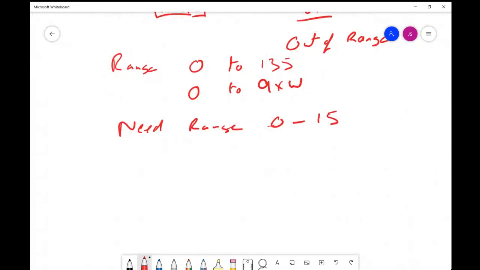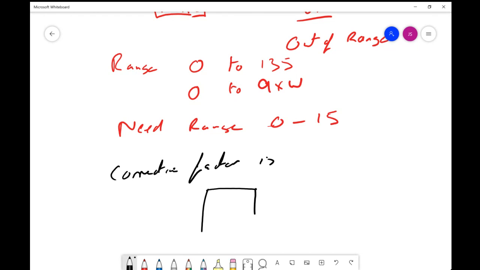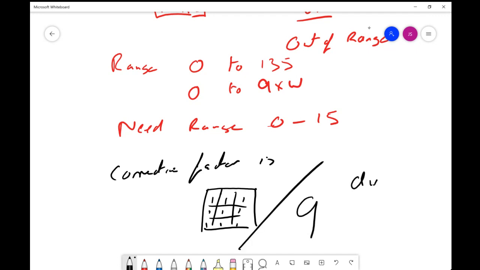So the correction factor is: correlate the window with the image, there's all your ones, and you divide each pixel by 9. And that will bring the image into range.